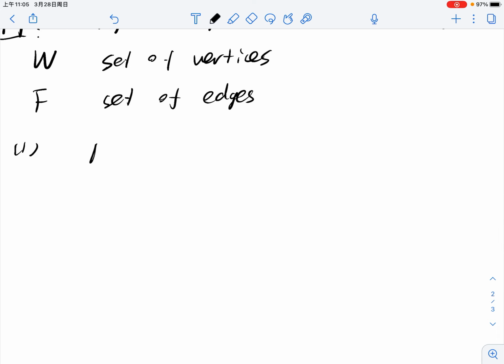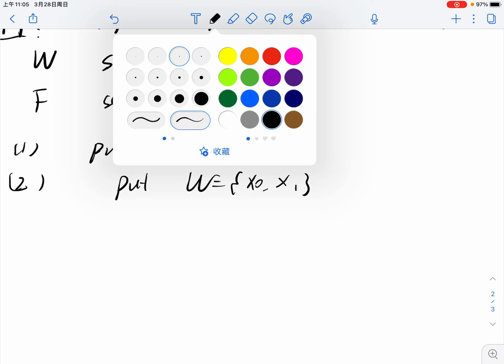Step 1, we put i equals 1. Step 2, put W equals {x0, x1}. Here, what are x0 and x1?